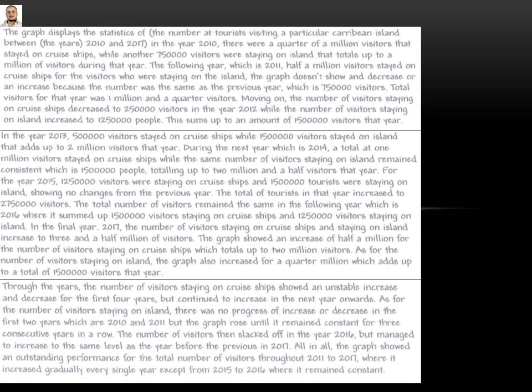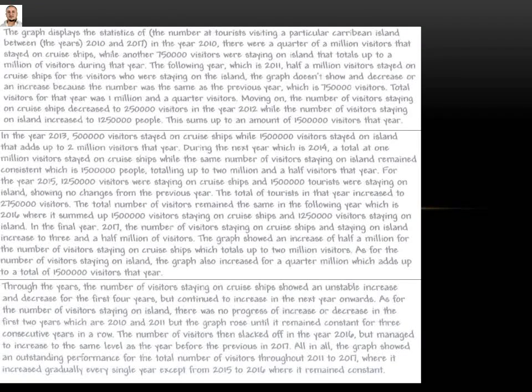Through the years, the number of visitors staying on cruise ships showed an unstable increase and decrease for the first 4 years, but continued to increase from the next year onwards.